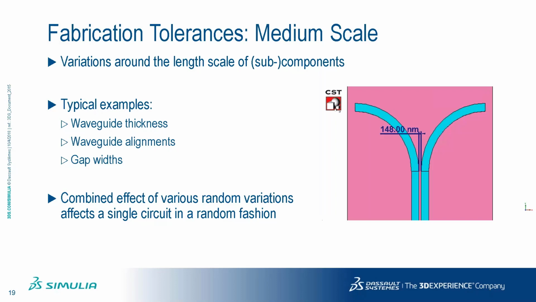The first two variations are rather predictable, but this one becomes unpredictable. What you need to do is some statistical analysis to make sure that your design is robust enough with regards to such variations to function and to yield, or to allow you to create a sufficiently high number of functional elements.